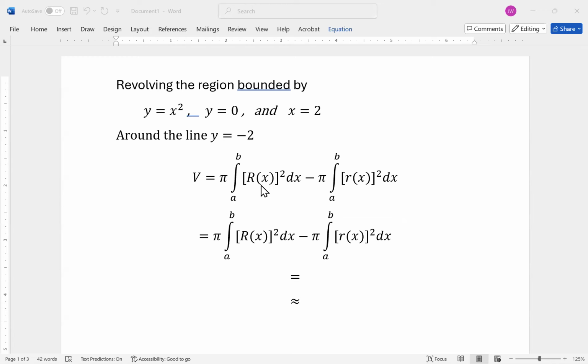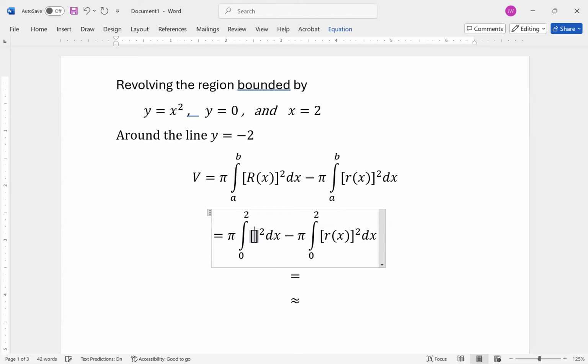So we're going to do a washer method where we're doing the definite integral all with respect to x. The lower bound on the x value is 0. Upper bound is 2. That's going to be the case for both integrations if I write it this way, because my region spans from 0 to 2 in both cases.